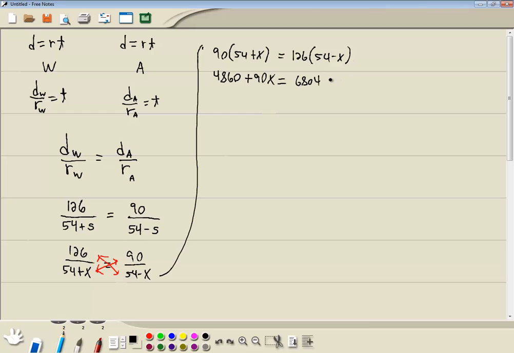And 126 times negative x gives us negative 126x.